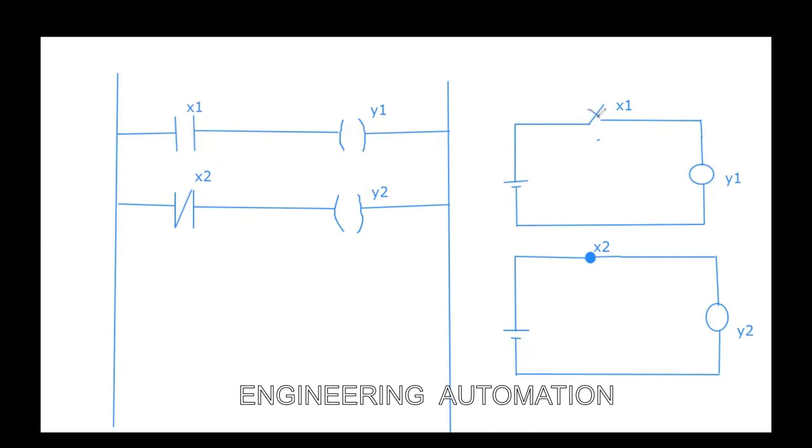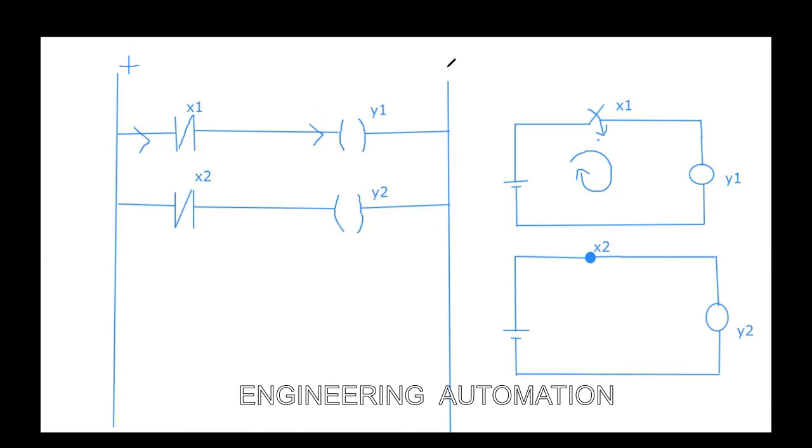Whenever we close X1, the circuit gets a closed loop, so Y1 is on. This is the concept, right? The same thing here: whenever you close X1, it allows the power to get through the switch to reach the output. So the output is on.